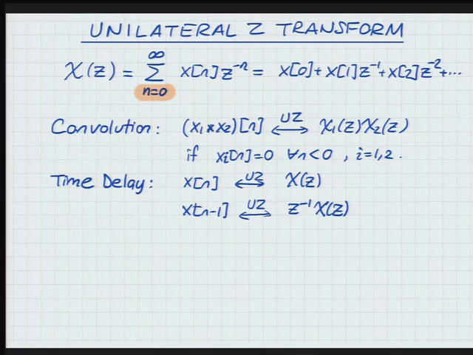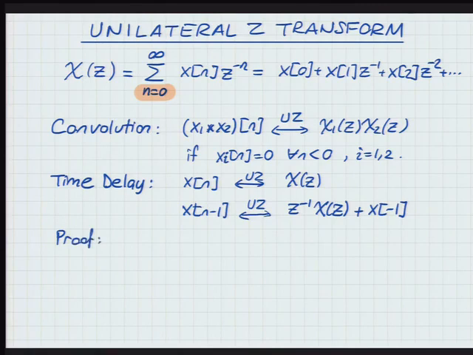So that's why we have this addition here of x of -1. Clearly x of -1 was not part of x of z, that x of z being the unilateral transform. But now that it's shifted to the right, it's within the window that affects the Z transform, so it should be added. So more specifically, the proof of this goes as follows.